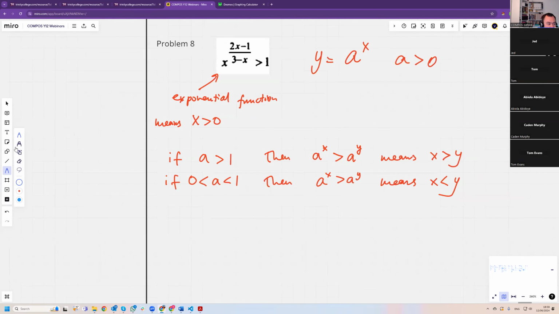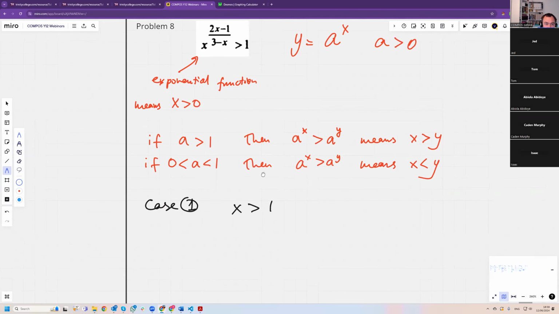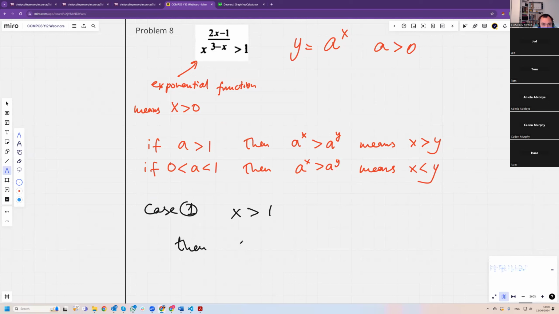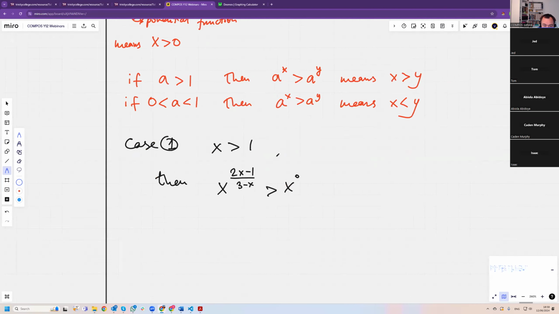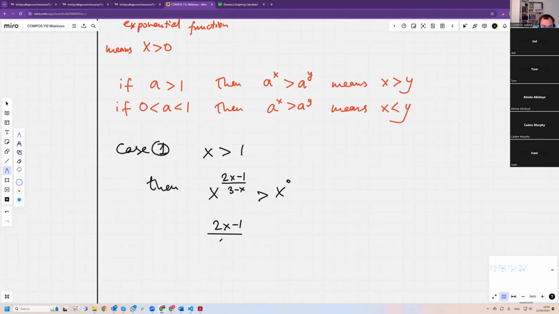All right, so what do we need to do? Case 1: x is greater than 1. Then x to the power (2x minus 1)/(3 minus x) greater than 1, which is x to the power 0, means (2x minus 1) divided by (3 minus x) is greater than 0.